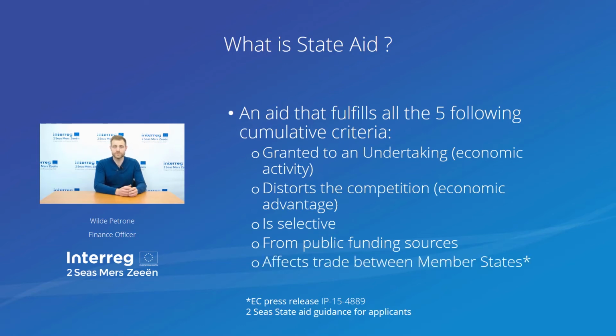The third criterion would be, does the aid affect the trade between the member states? Just as you could imagine competition, you would also have to think about whether what you will do will affect trade between other member states, even beyond the border.